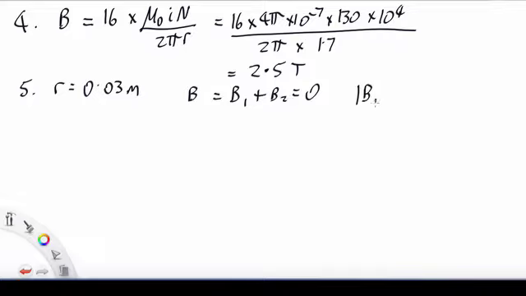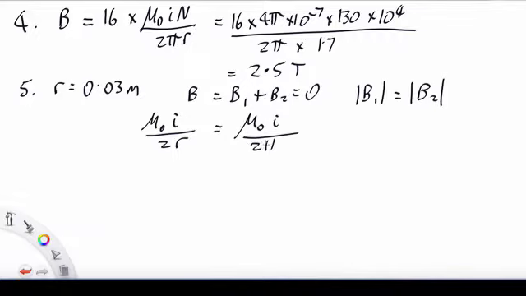So we know that the magnitude of B1 must equal the magnitude of B2. So that gives us mu naught I over 2r for the circle equals mu naught I over 2 pi r for the straight wire.